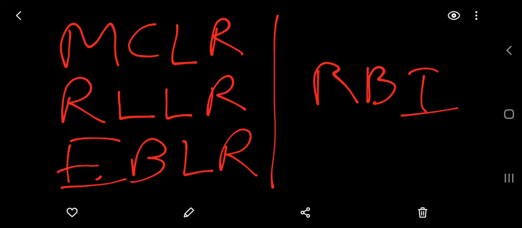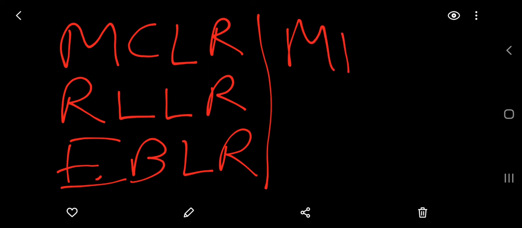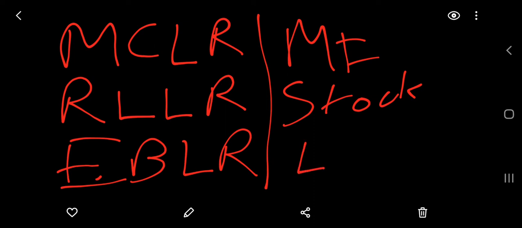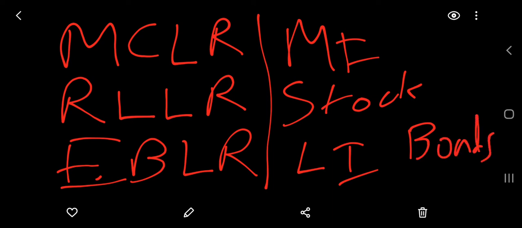Money also goes into different kinds of instruments like the bond market and life insurance. So who is taking this money? I can say MF, that is mutual funds. We can say stocks, life insurance, bonds. So over here the money is there.